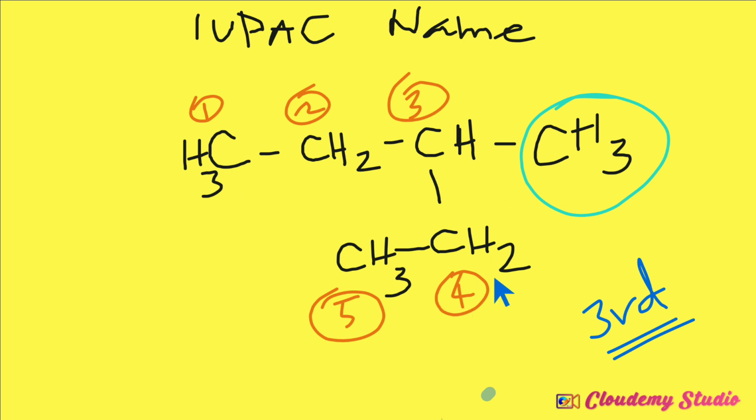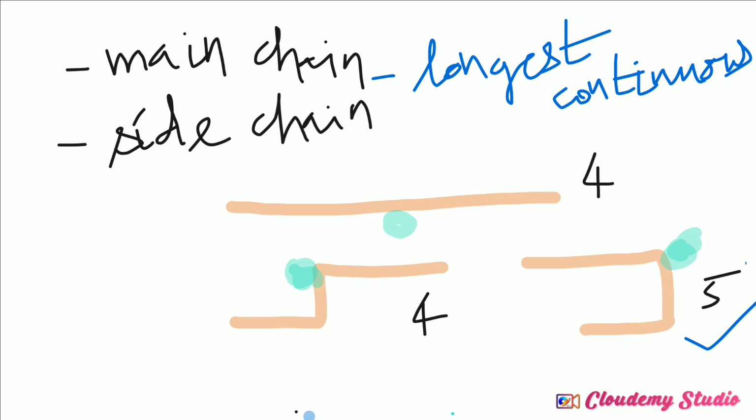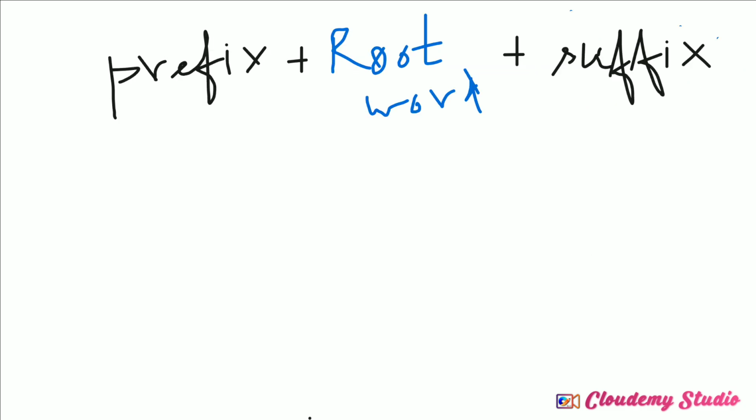While we are naming the compound, what rule do we need to follow? The name must contain prefix, then root word, followed by suffix.